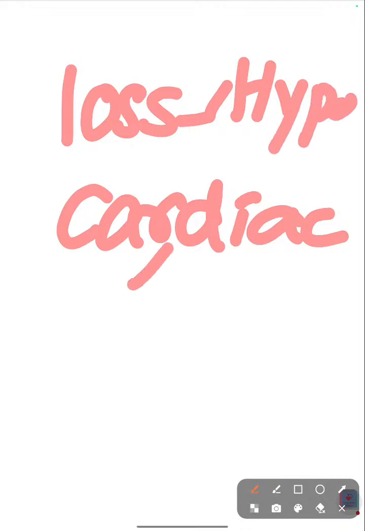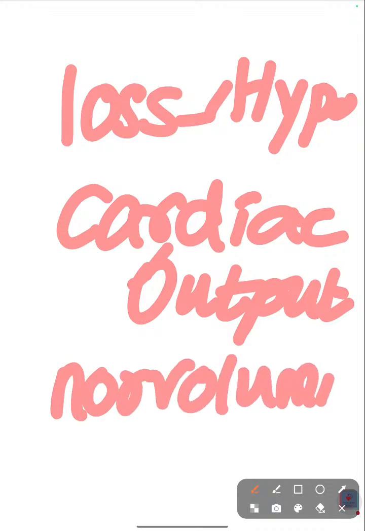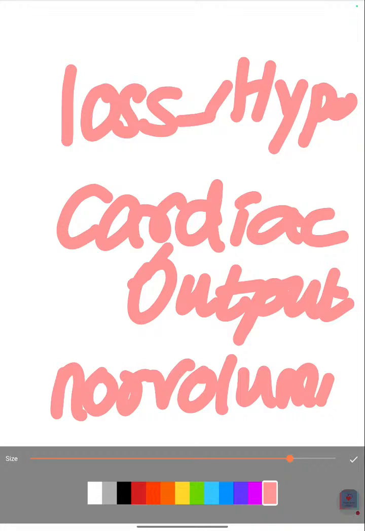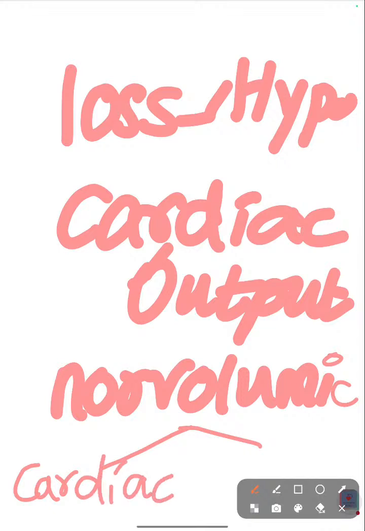In cardiogenic shock, cardiac output is less even though the blood volume is normal. Even then, the pressure is down. What is going on here? Two things: maybe there is an issue with the heart, it is not pumping, cardiogenic shock, or it can be due to septic shock. So two possibilities are there.